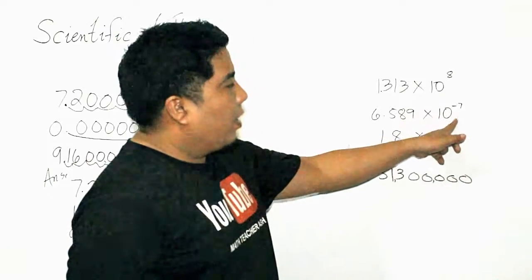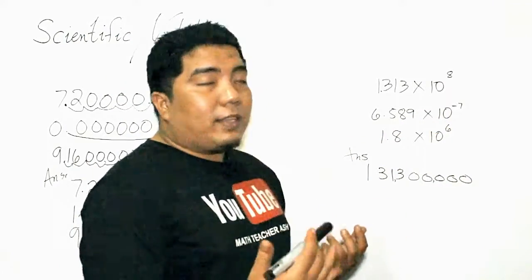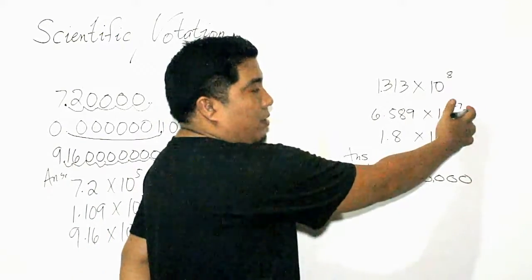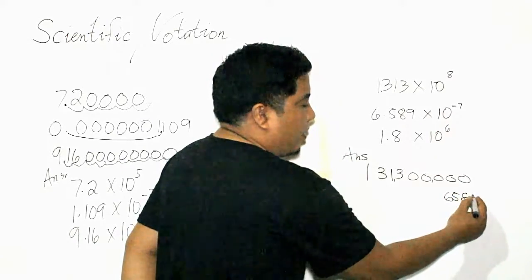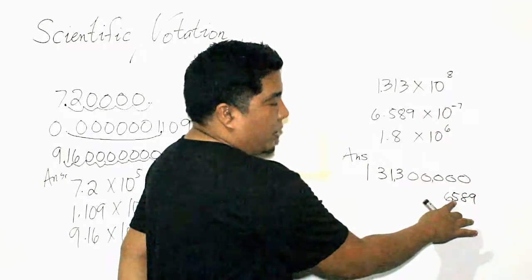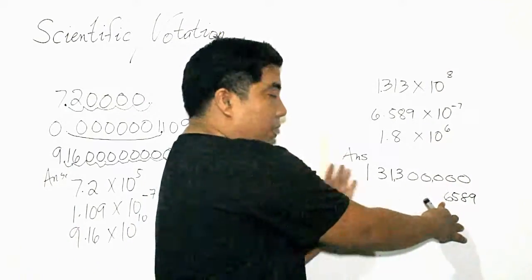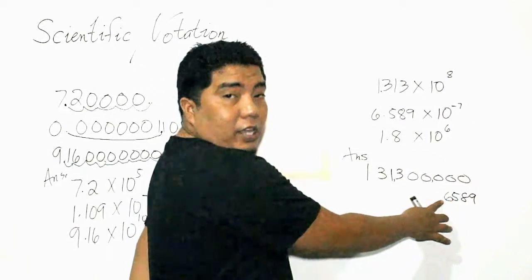We have 6.589 times 10 to the negative 7th power. So basically, since this is negative, you just write it here, 6589. Okay? So your decimal is here. It moves 1, right? We will be moving to the left. Okay? So, I already moved 1 here.